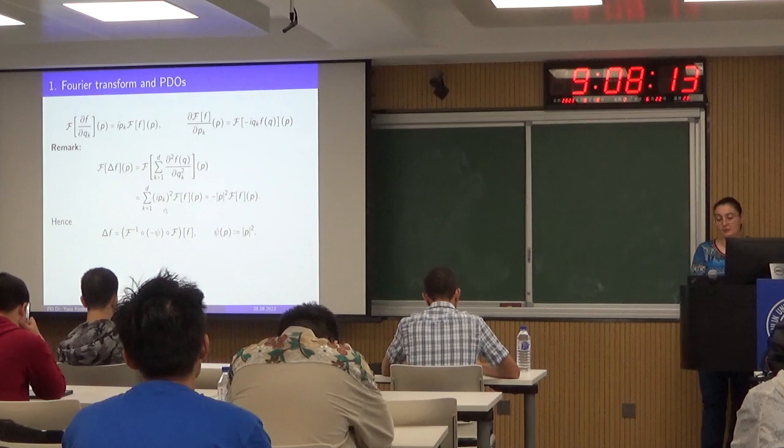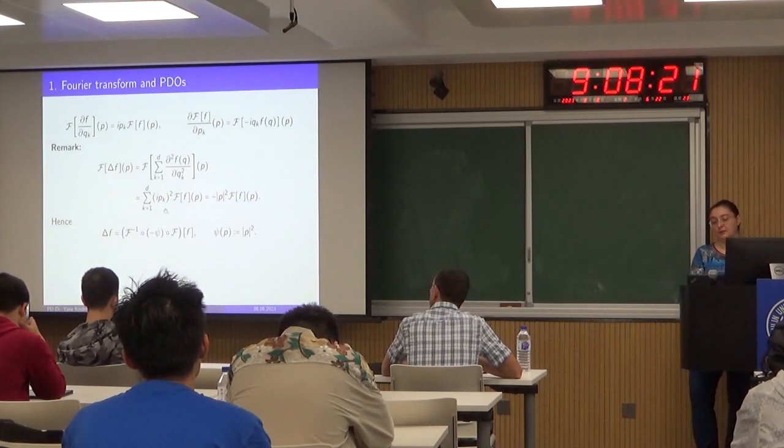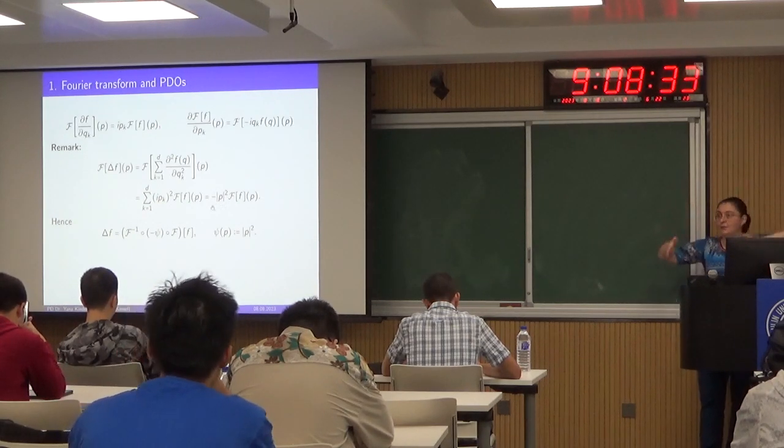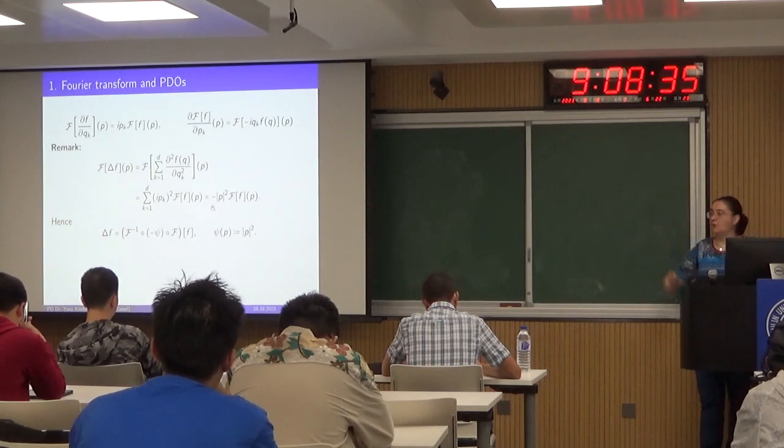So i to the power 2 is minus 1. This is why we have this minus, and the sum of p_k squared. So p is the vector, and p_k are the coordinates of this vector. The sum of p_k squared is just the norm of p squared. This notation, the absolute value, is the notation for the norm in R^d.